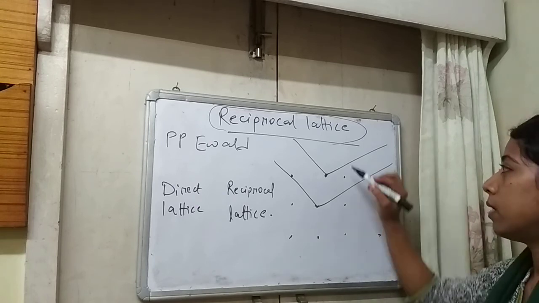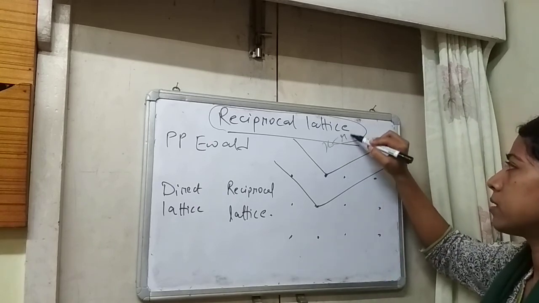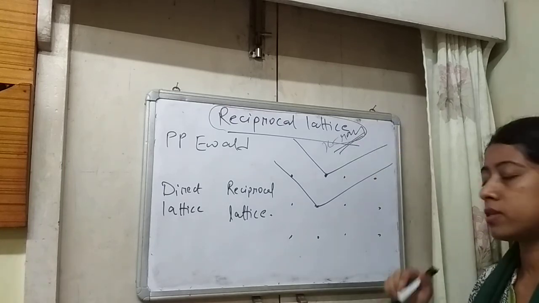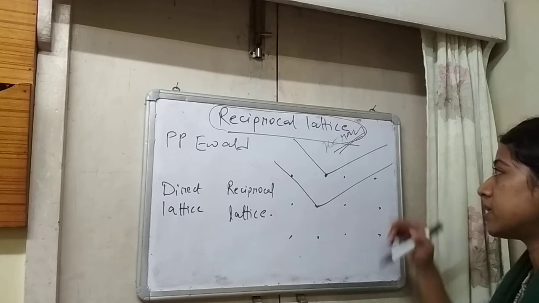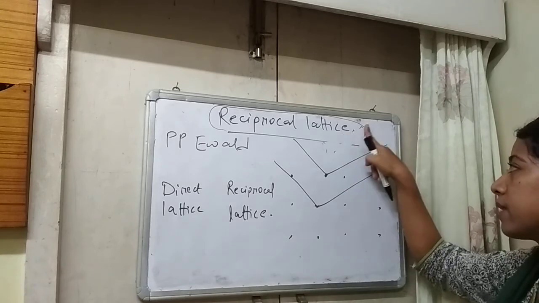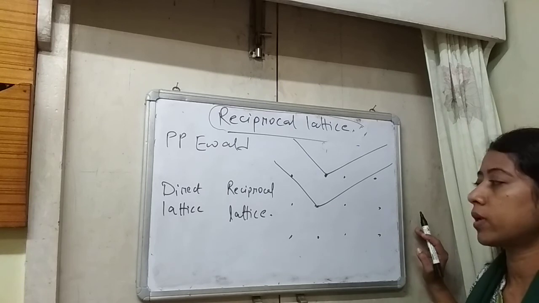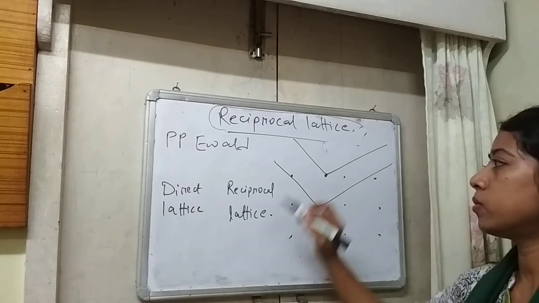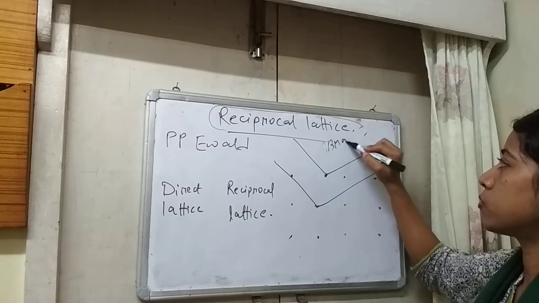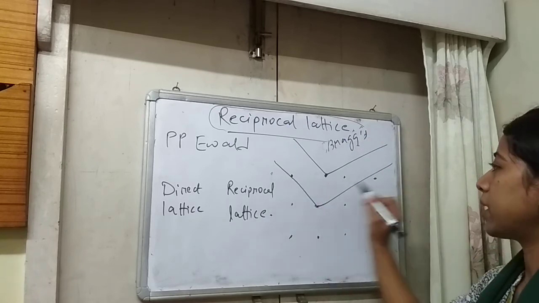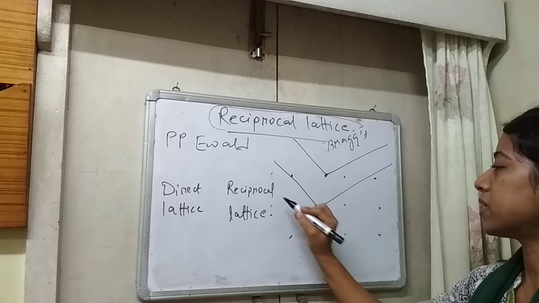Now you see, in our previous unit, X-ray diffraction, I told you about X-ray diffraction. What does X-ray diffraction do? X-ray diffraction helps us to understand the crystal structure. If you remember, when I was explaining Bragg's equation, I drew a set of parallel planes, not exactly parallel planes.